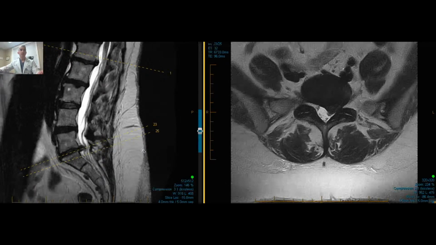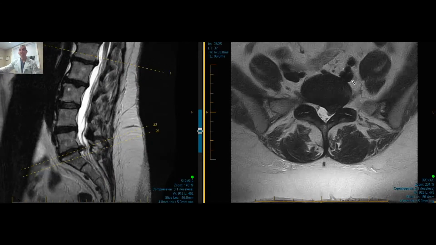So we look at the MRI, and when I look at an MRI, the two images I like to put up right away are this one you see here on the left, and then the one, of course, on the right. Now on the left, this would be what we call the sagittal image of the MRI of the low back. I tell people this is sort of if we cut you in half and we're looking at you sideways.